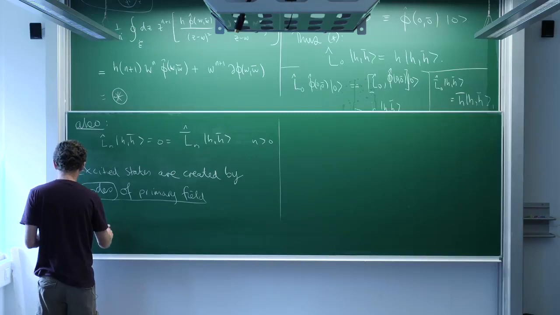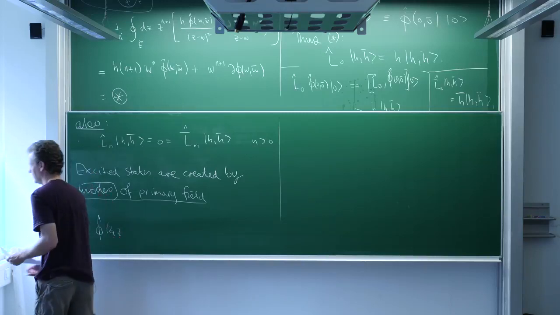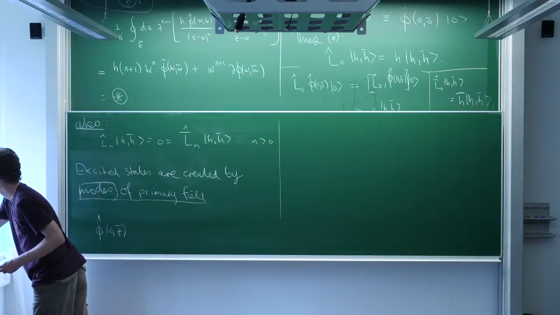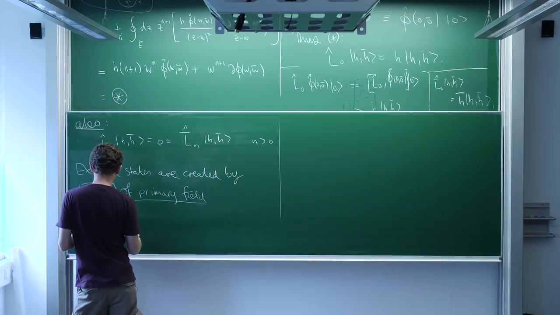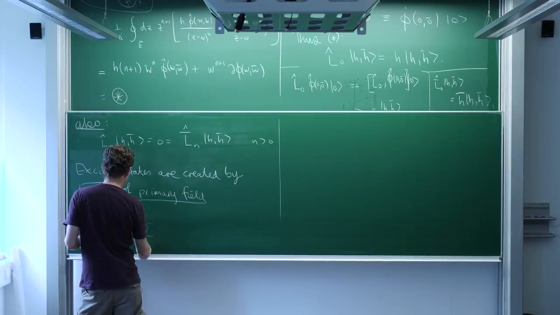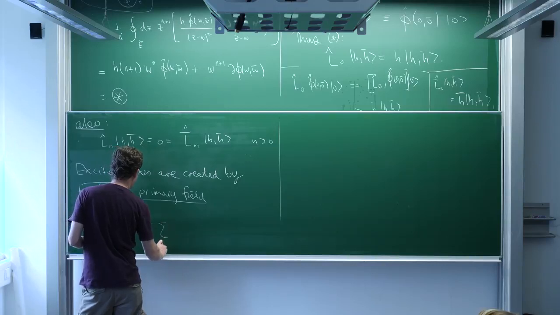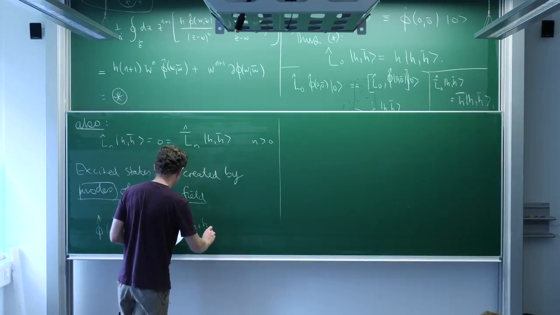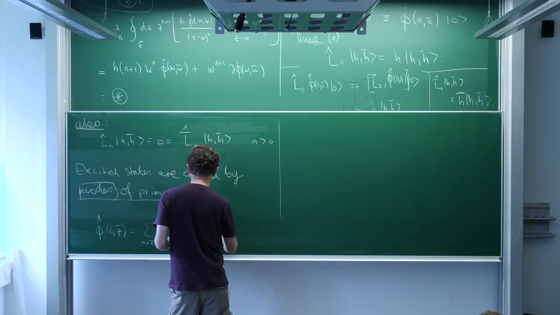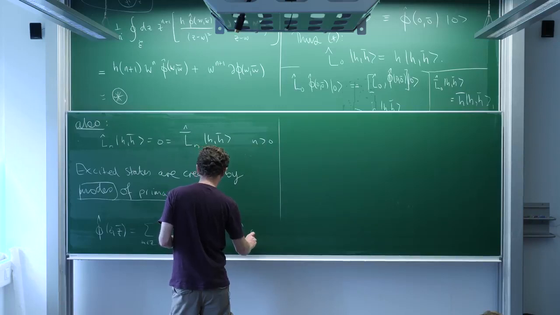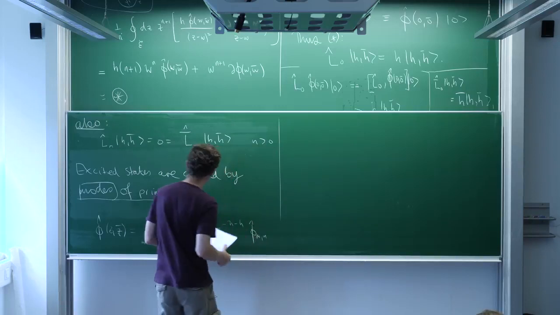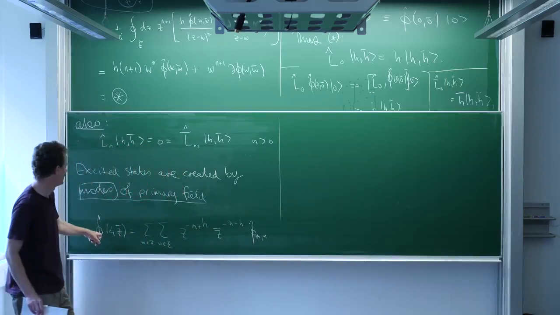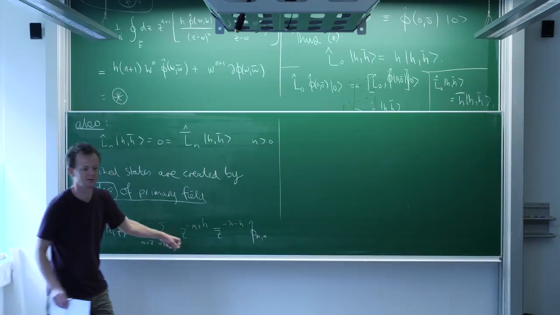So just like we did for the energy momentum tensor, we can express any primary field in terms of a Laurent series or a Fourier series, depending on what language you prefer. In doing so, we can define the modes of a primary field just by this Fourier type relation, say, on the unit circle.